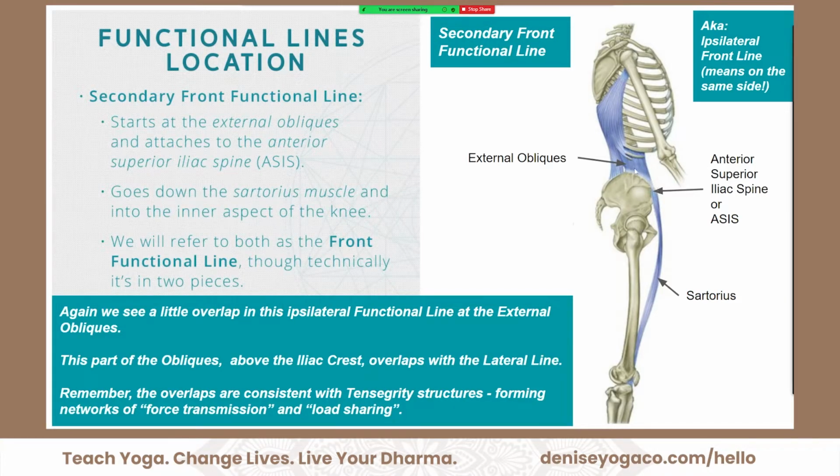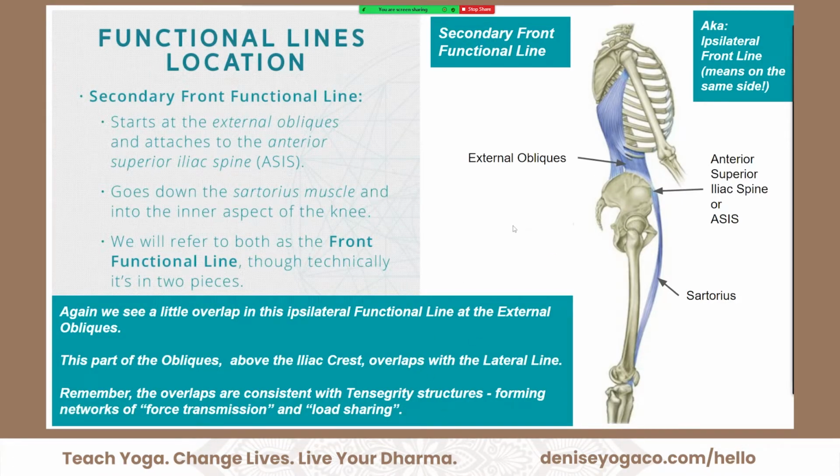And then it tacks onto the crest here on the bone, and this is the anterior superior iliac spine, or a lot of people just call it ASIS for short. You don't have to remember that. Don't worry about it. And then you have this great long muscle, the sartorius, that goes right from that hip pointer basically to the inner aspect of your knee, just below the knee joint on your tibia bone. So you've got that big long muscle.